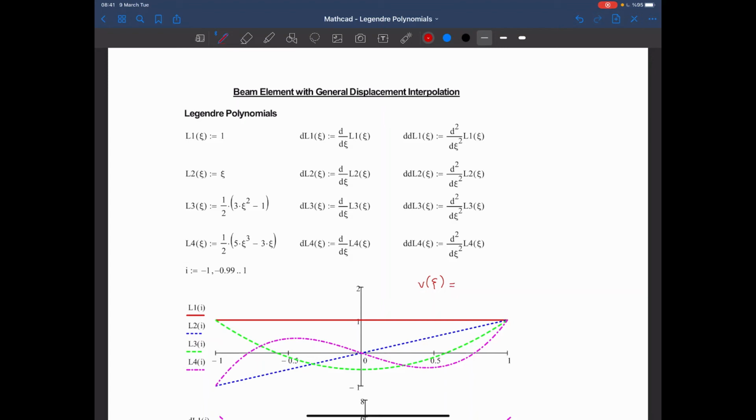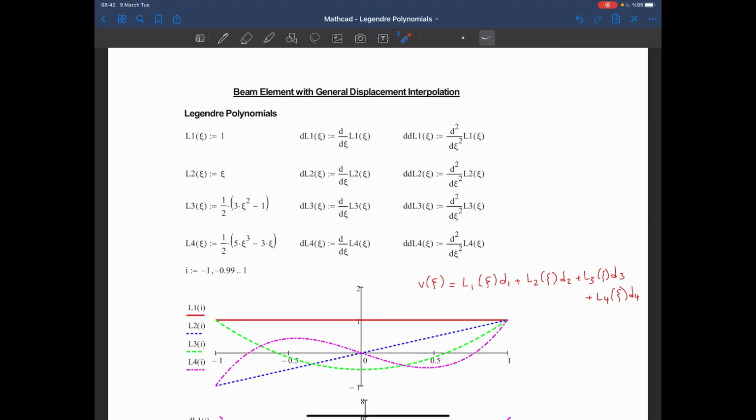The transverse displacement is equal to L1(psi) multiplied by D1, plus L2(psi) D2, L3(psi) D3, and L4(psi) D4. These functions L1, L2, L3, and L4 are the Legendre polynomials. And these D coefficients are not related to the nodal displacements.